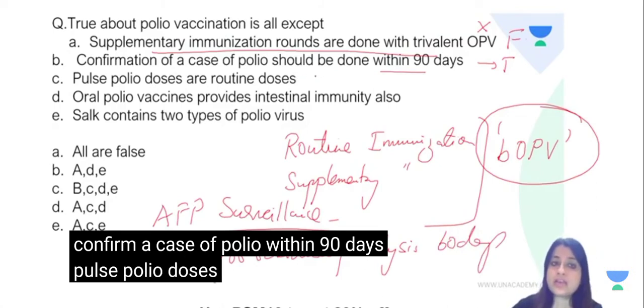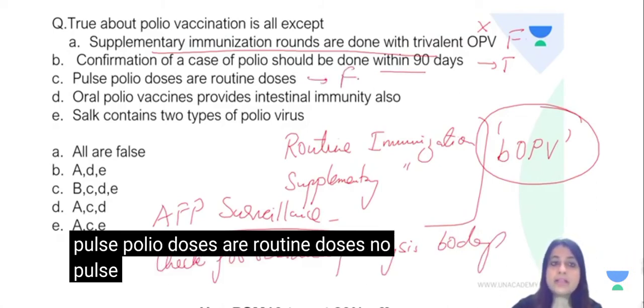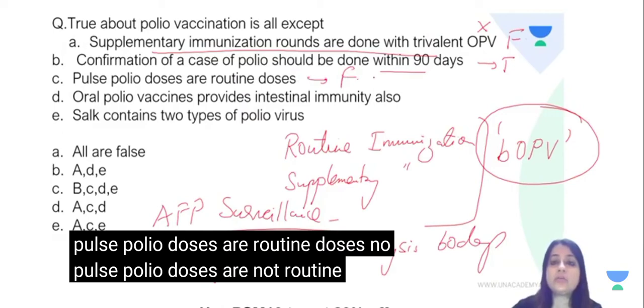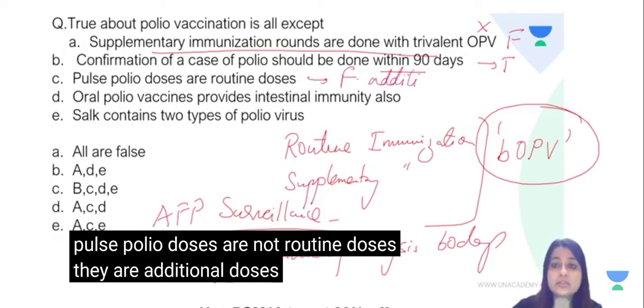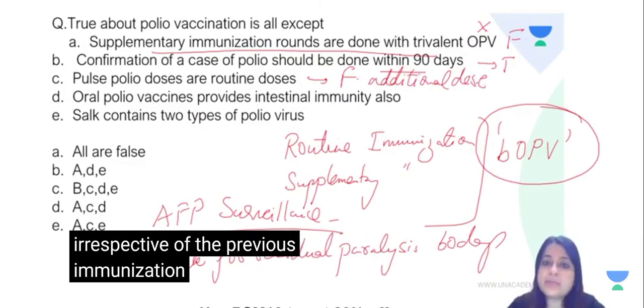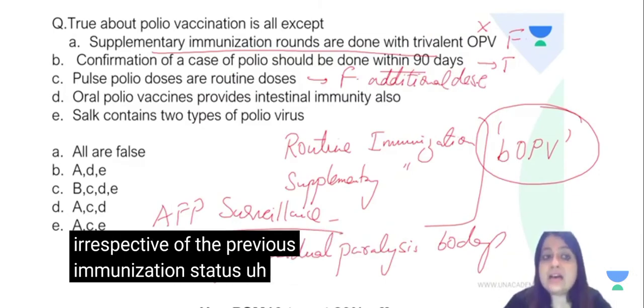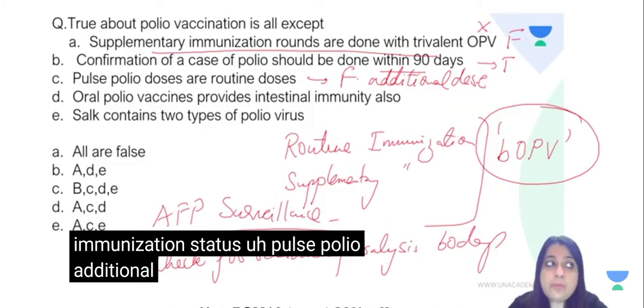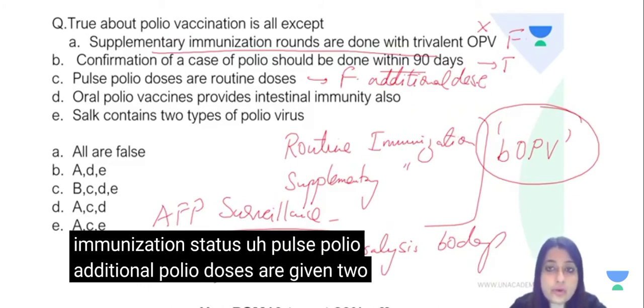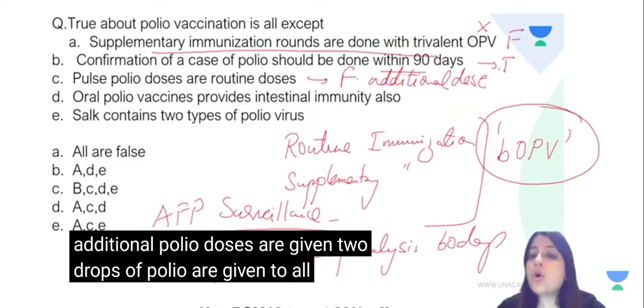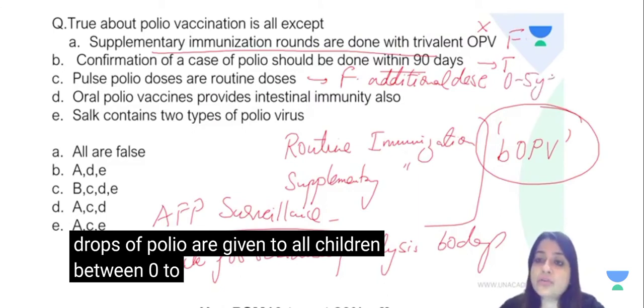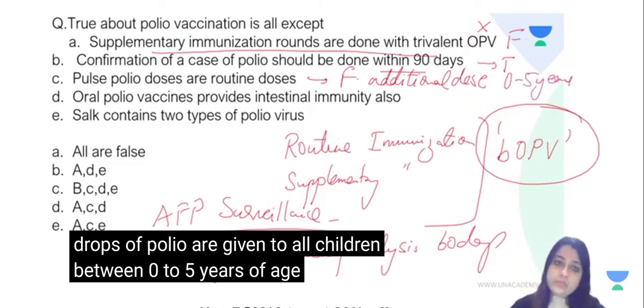Pulse polio doses are routine doses? No. Pulse polio doses are not routine doses. They are additional doses. That means irrespective of the previous immunization status, additional polio doses are given, 2 drops of polio are given to all children between 0 to 5 years of age.